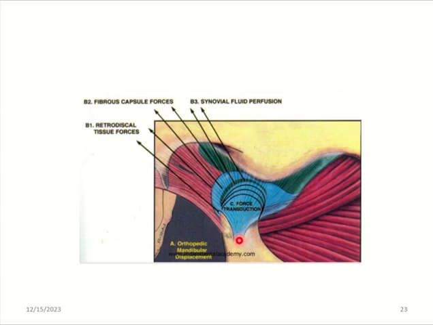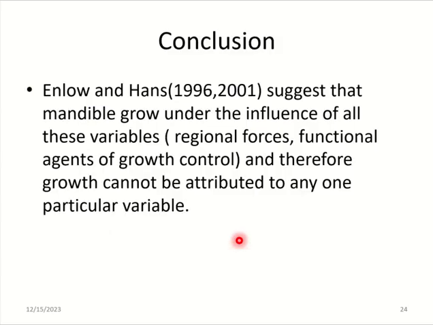And wherever there is force transduction going on, there is new bone formation at that point. So in conclusion, Enlow and Hans in 1996 and 2001 suggested that the mandible grows under the influence of all these variables, that is the tethering of forces and the functional agents of growth control, and therefore growth control cannot be attributed to any one particular variable.